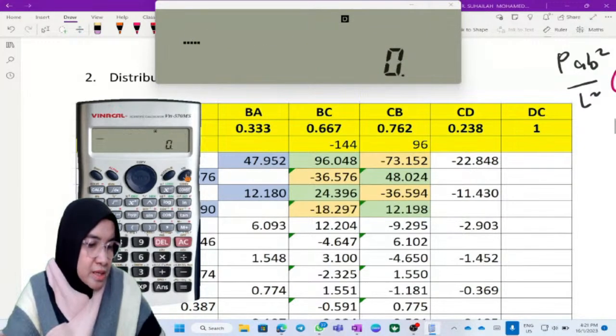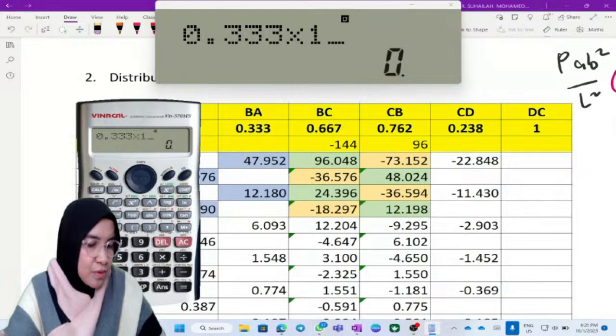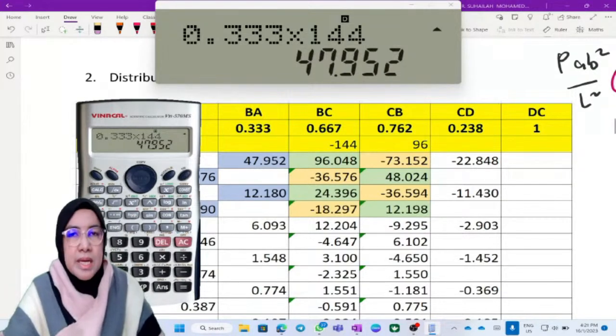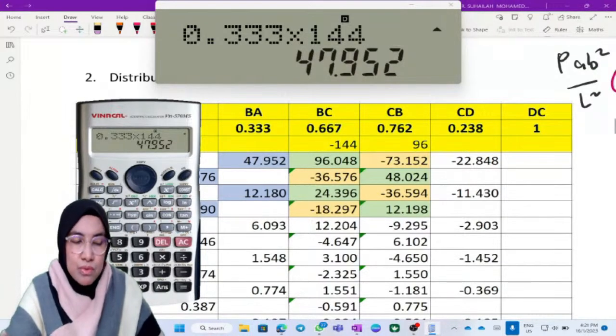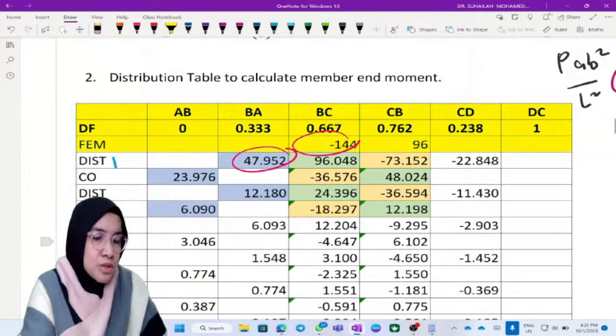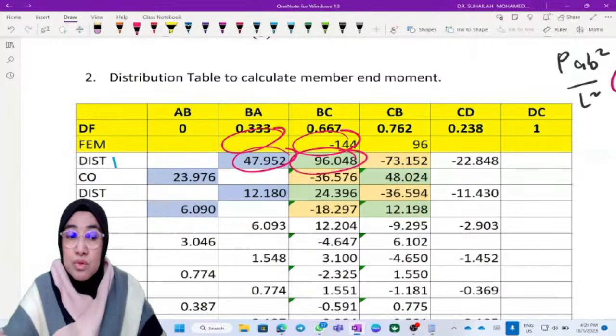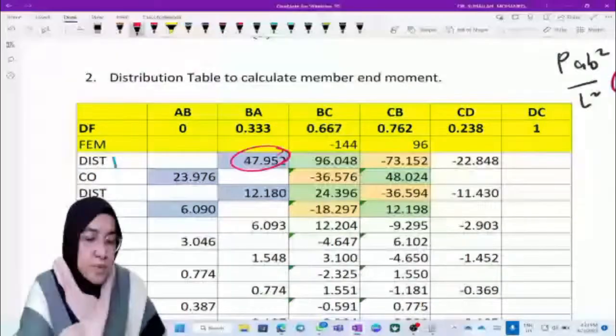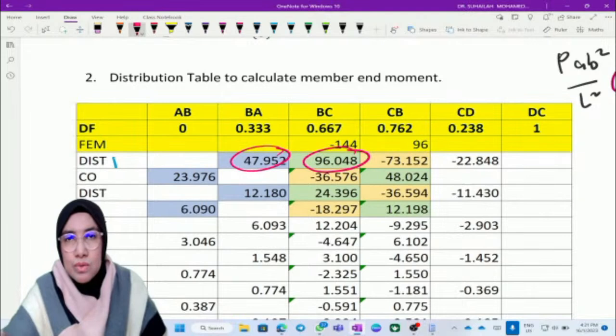0.333 times 144 gives 47.952. To get the other one, the total of these four values must equal 0. So once we get this, we can get the other using two ways.